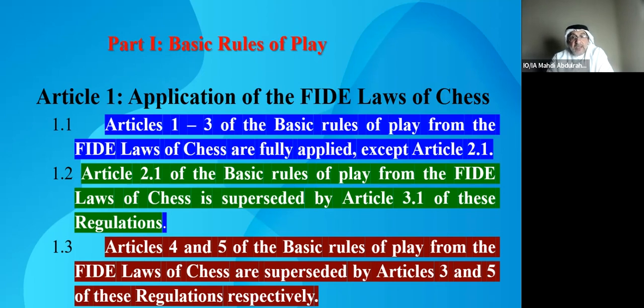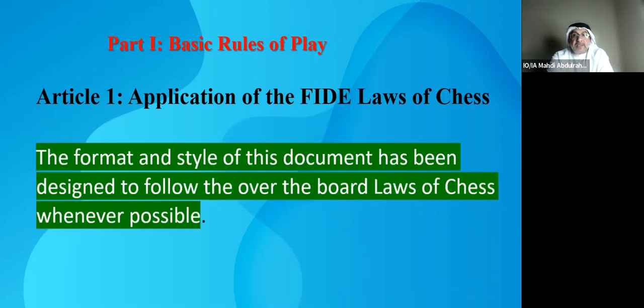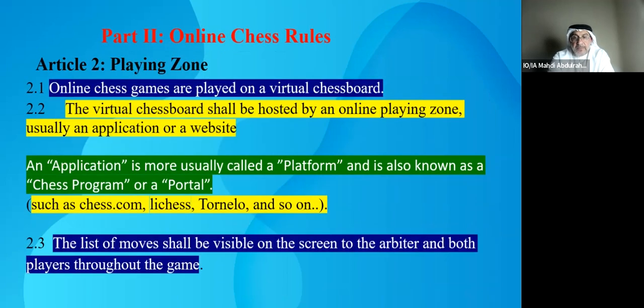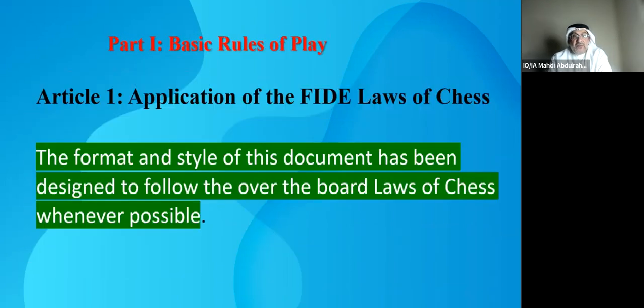Articles 4 and 5 of the basic rules of play from the FIDE laws of chess are superseded by Articles 3 and 5 of this regulation respectively, so this changes the article placement. Also, the format and style of this document has been designed to follow the over-the-board laws of chess where possible.